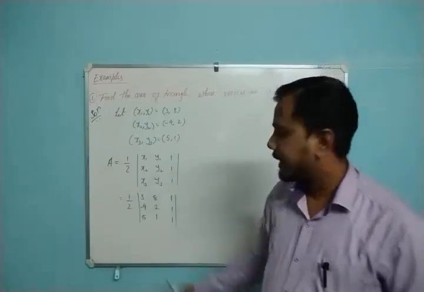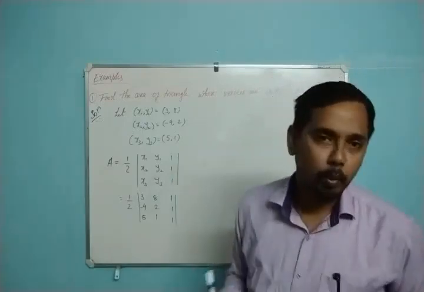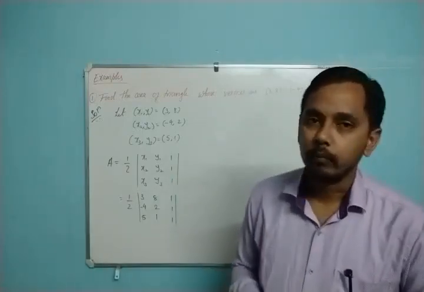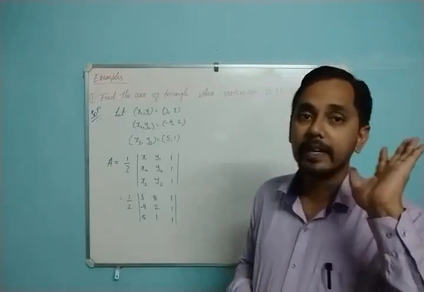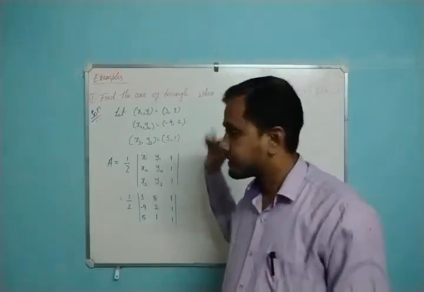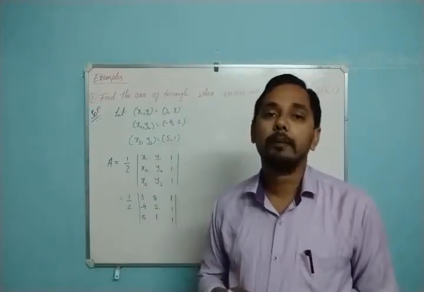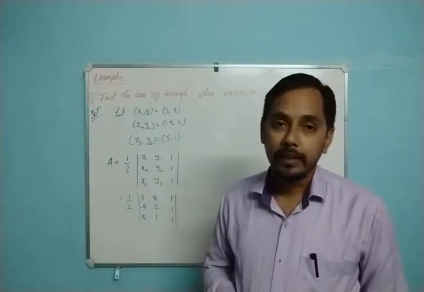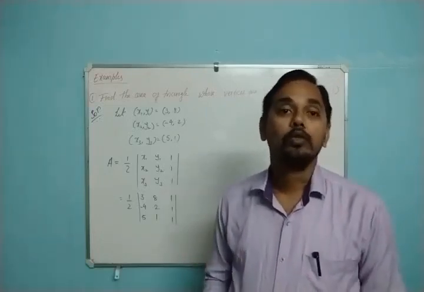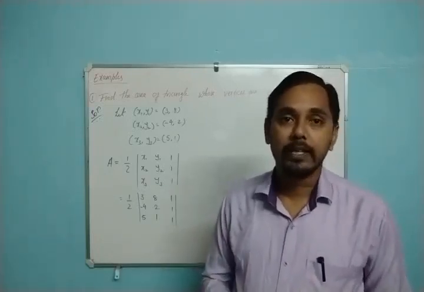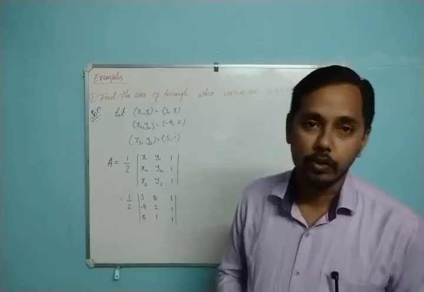So whenever you get negative, either put it in mod or neglect that negative sign. You only have to consider the magnitude. The negative sign only indicates the direction, because some part of the triangle may be in negative quadrants. But don't keep it as negative. Either put it in mod and convert it to positive, or directly write it as positive.